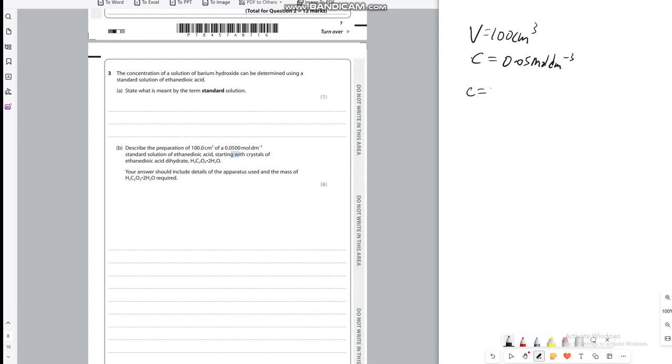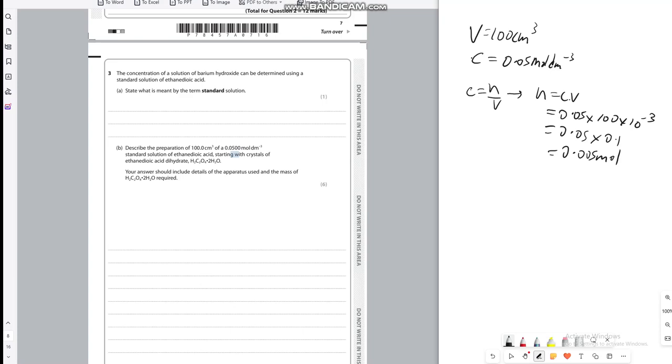C equals n over V, so n is equal to CV, which is 0.05 multiplied by 100 into 10 to the power minus 3. I multiply by 10 to the power minus 3 to convert centimeter cube to decimeter cube. So I get 0.05 into 0.1, which is 0.005. You don't have to do this by hand because you are given a calculator.